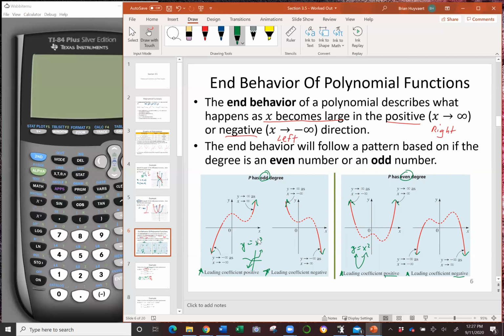That tells you in general what all odd degree polynomials are going to do with a positive coefficient. In this case, we have a negative coefficient though, so it's going to flip, a vertical reflection. So as we look to the left, our y values get larger and larger. As we look to the right, they get smaller and smaller.